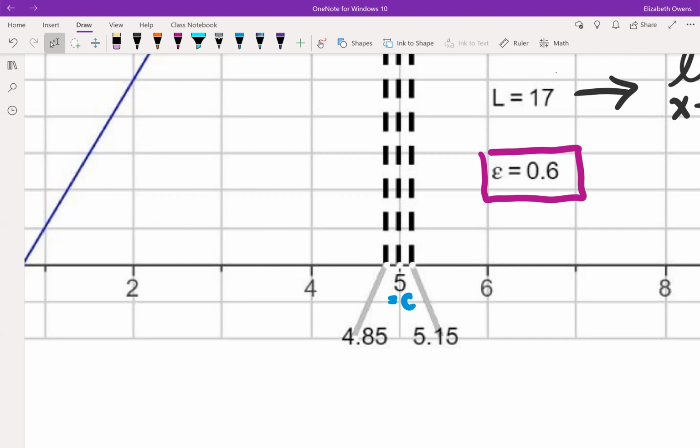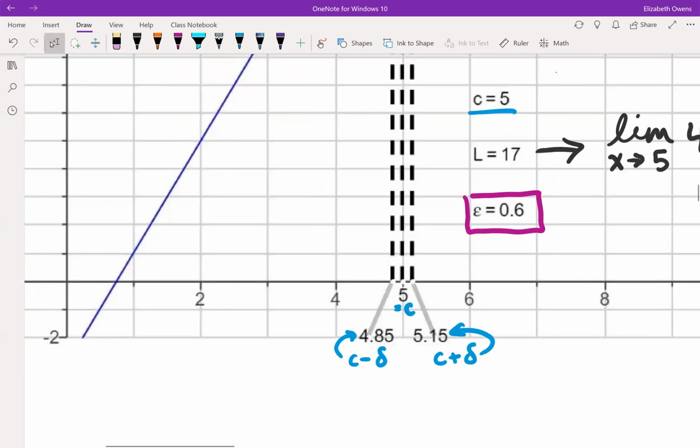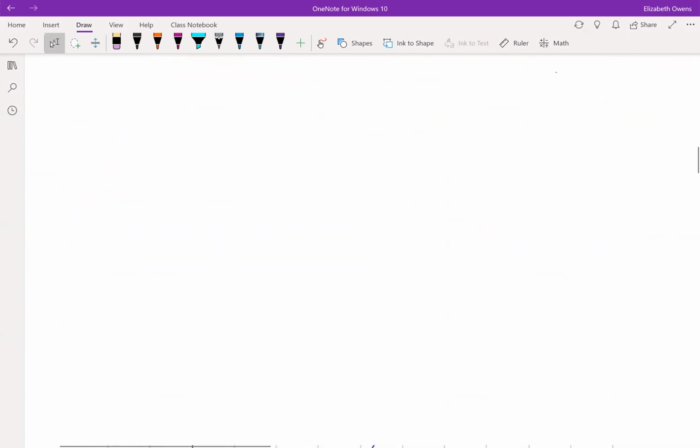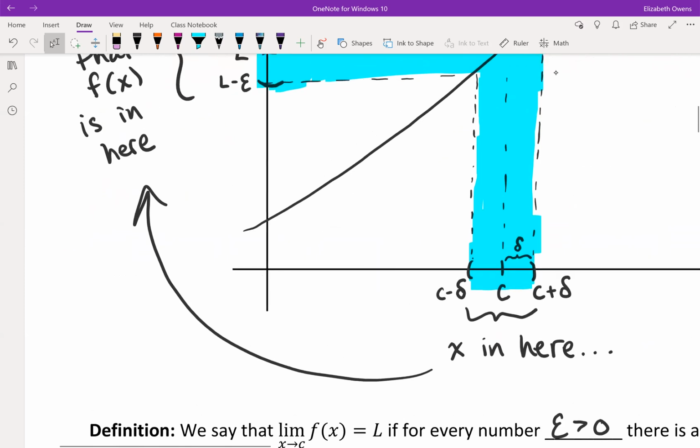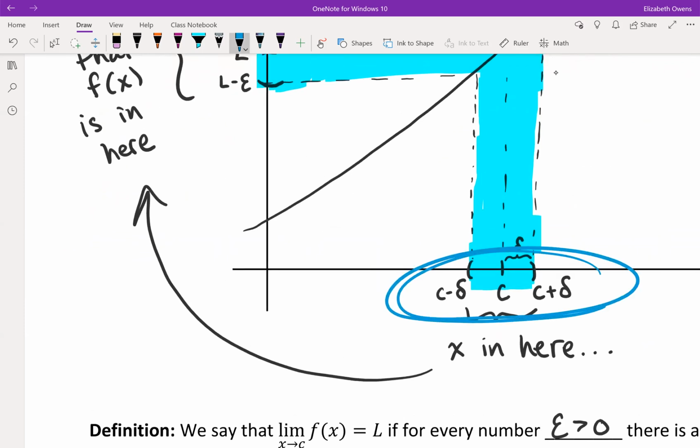Notice that the upper one is 5.15. That's going to be our c plus delta. The lower will be our c minus delta. Remember, based on that picture that we drew before for our definition, it's right up here. So we're looking at this part of things right now, c plus delta being the upper boundary of that interval, c minus delta being the lower boundary.